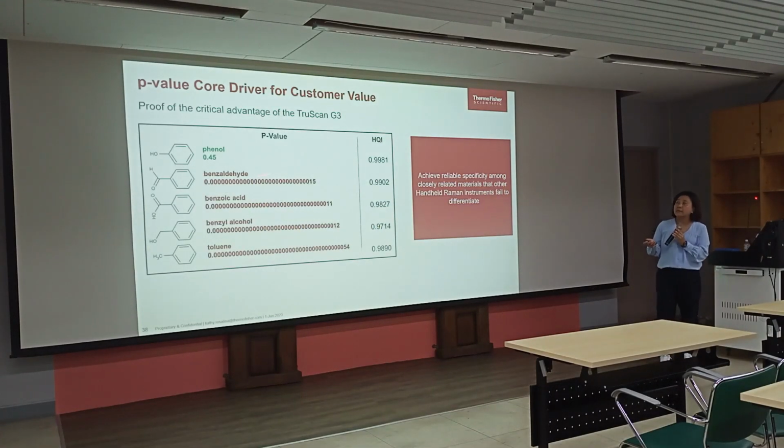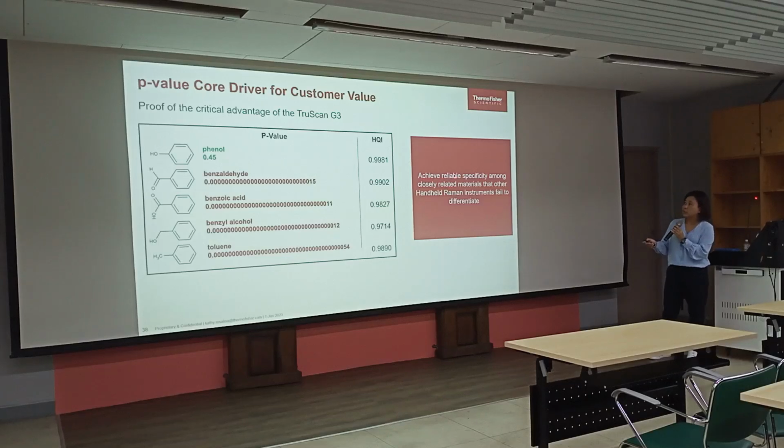I'll give another example. These 5 compounds have a very similar structure. With the p-value, I can easily differentiate phenol from other compounds like benzaldehyde, toluene, benzyl alcohol, or benzoic acid. With the HQI, you will get a very good match, meaning HQI is unable to differentiate phenol from other compounds.